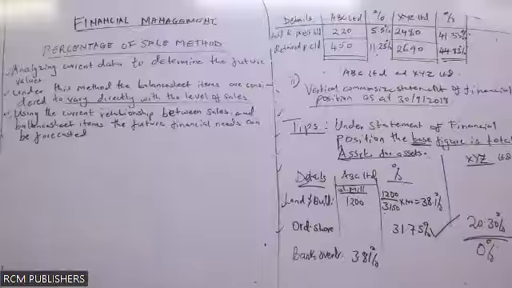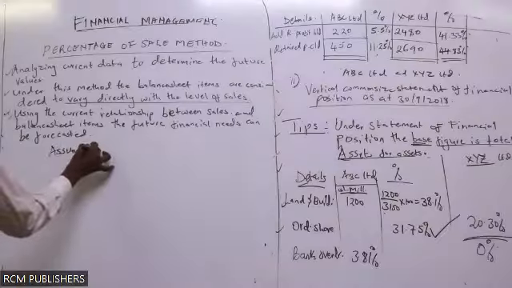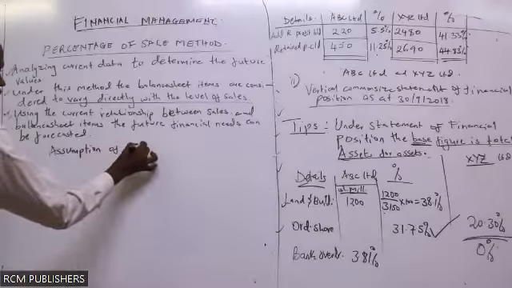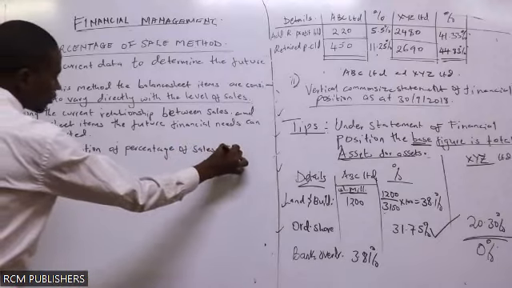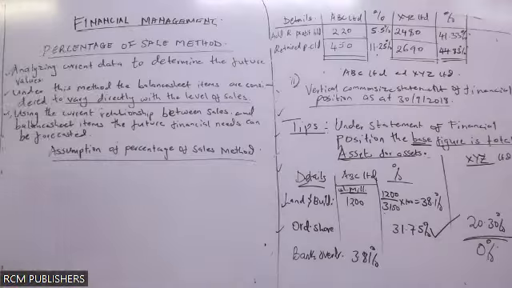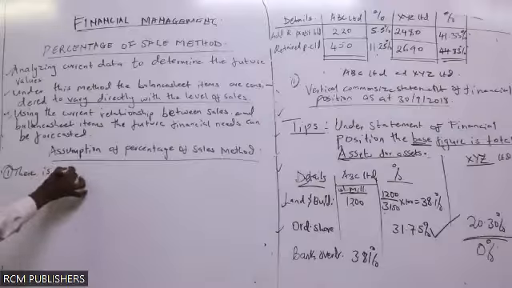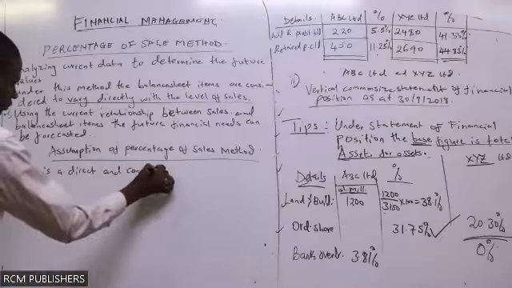So we have some assumptions of the percentage of sales method. One, there is a direct and constant relationship.